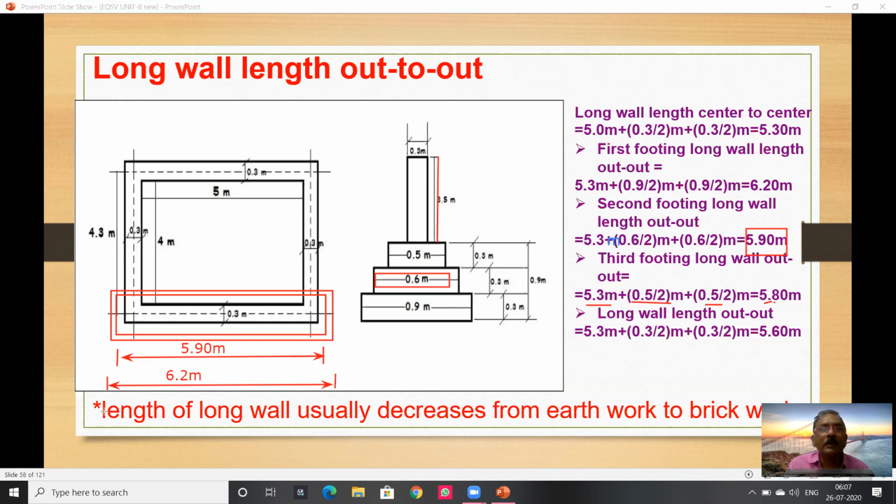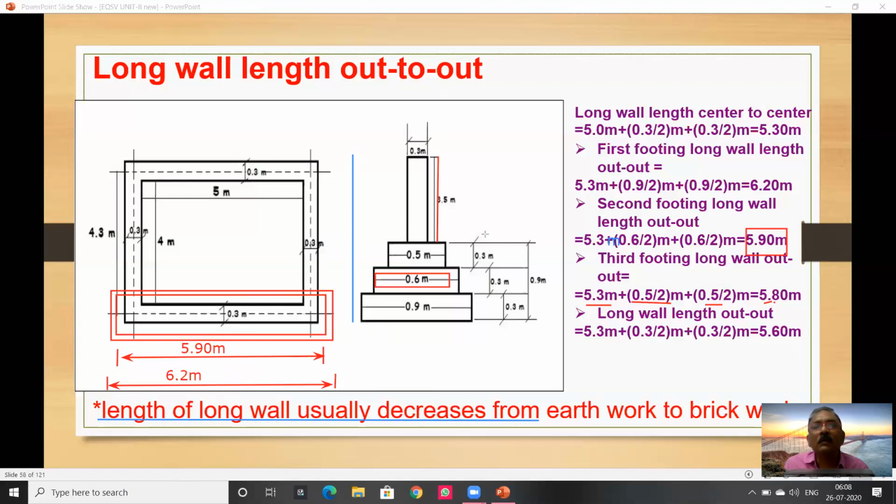Here is one very important point. Observe this carefully: the length of the long wall usually decreases from earthwork to brick wall, from bottom to top.